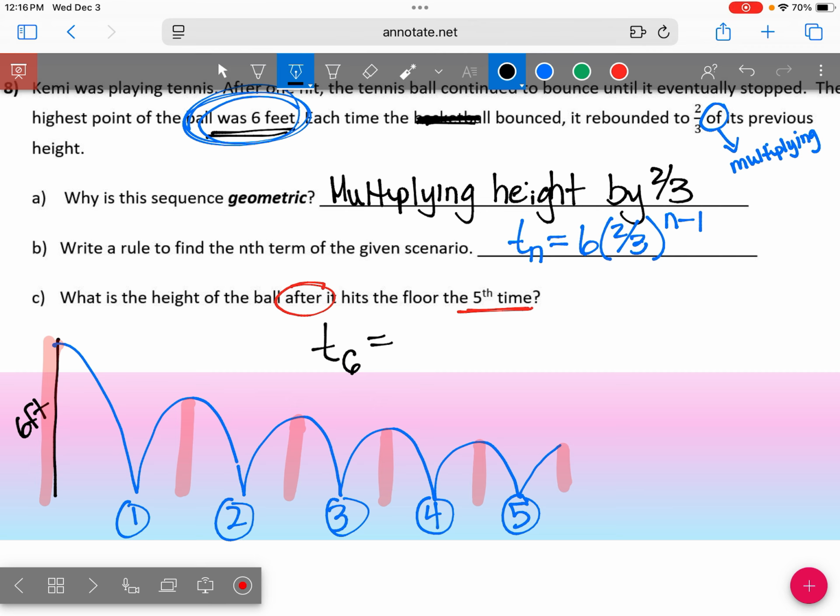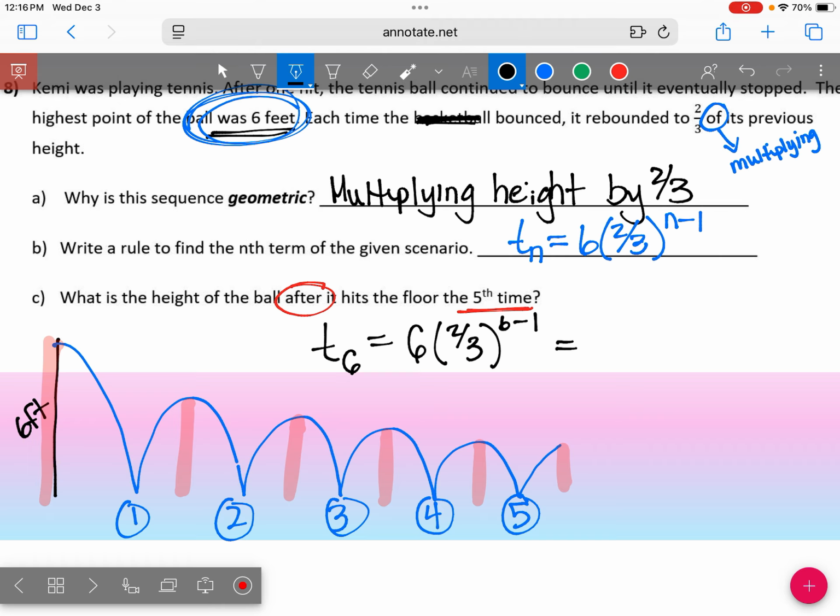T6. So when you type that in your calculator, 6 times 2/3 to the power of 5. All right, as a fraction, do yours give it to you as a fraction?